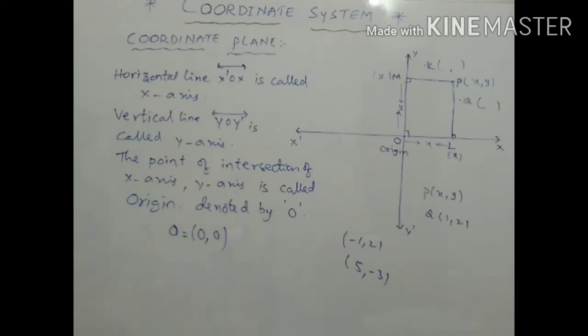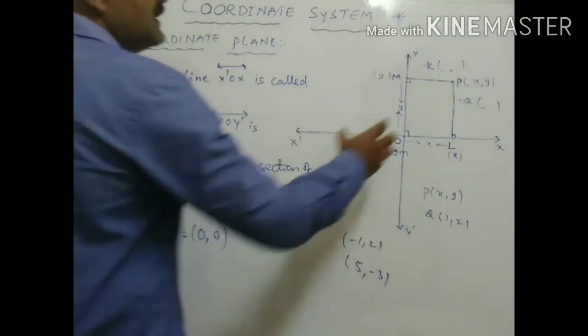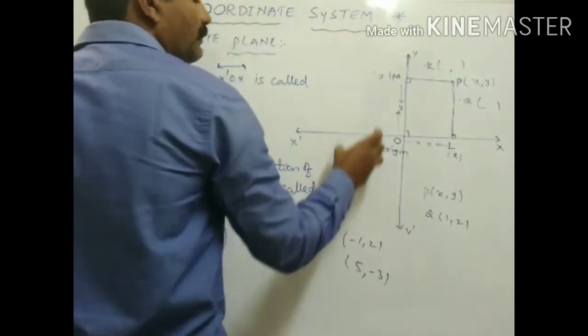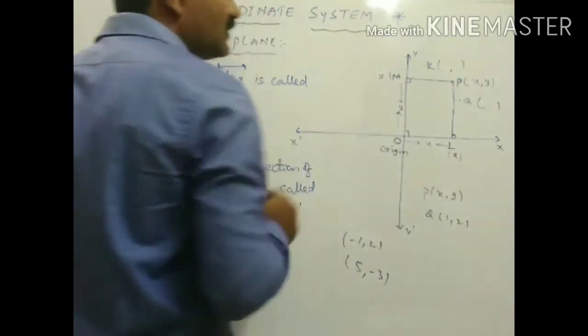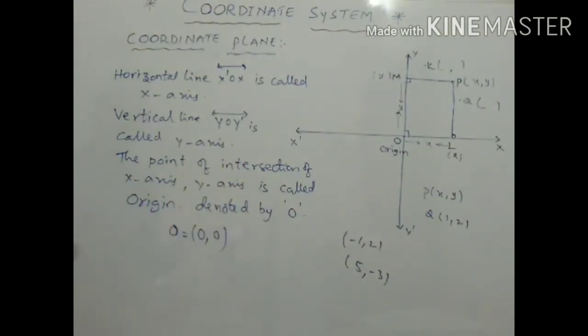Both the x-axis and y-axis together divide this entire plane into 4 equal parts: part 1, part 2, part 3, part 4. That's why we call it a 1/4 part. What do we generally use for 1/4 part? Quarter. So these 4 parts are individually called first quadrant, second quadrant, third quadrant and fourth quadrant.